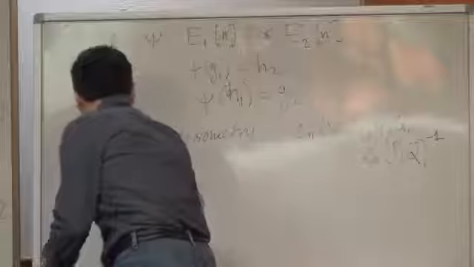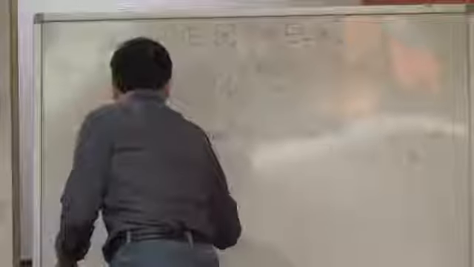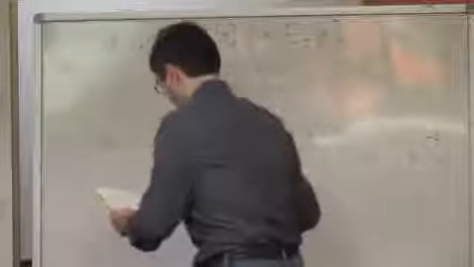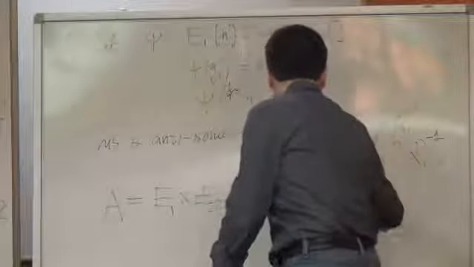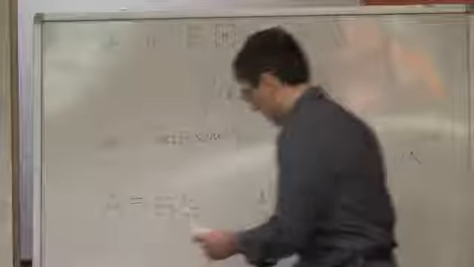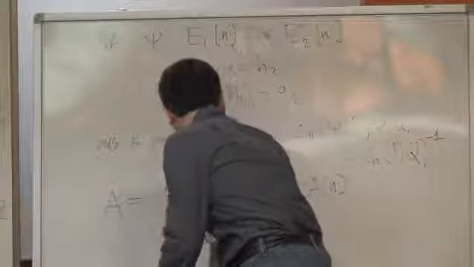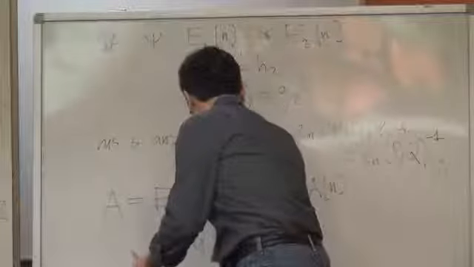All right, now here's the construction. You take A to be E1 cross E2, and you take a subgroup of the n-torsion of A[n], which is the graph of this isomorphism.